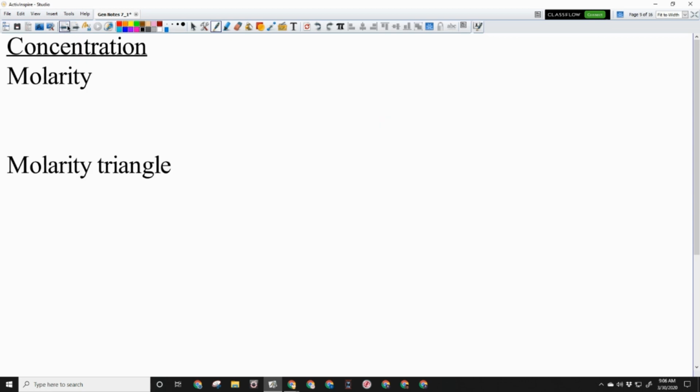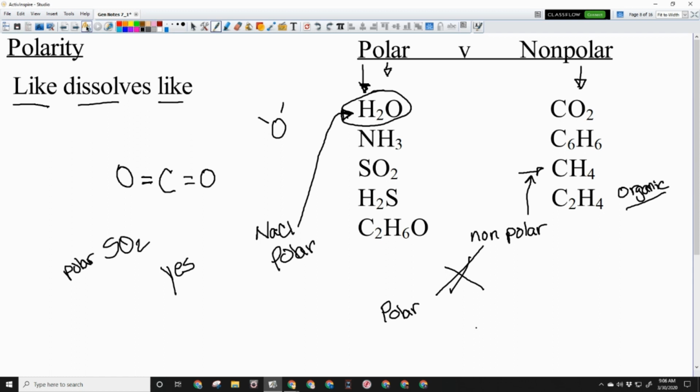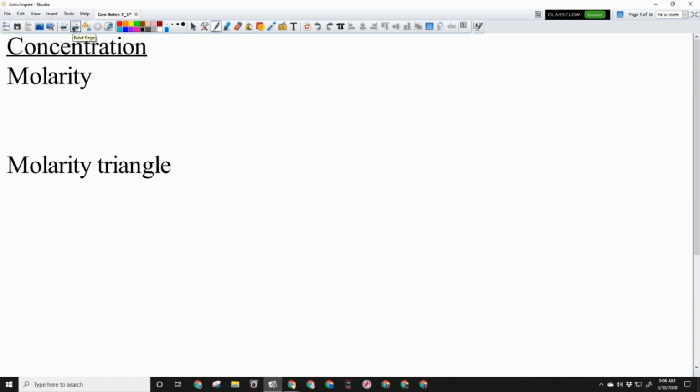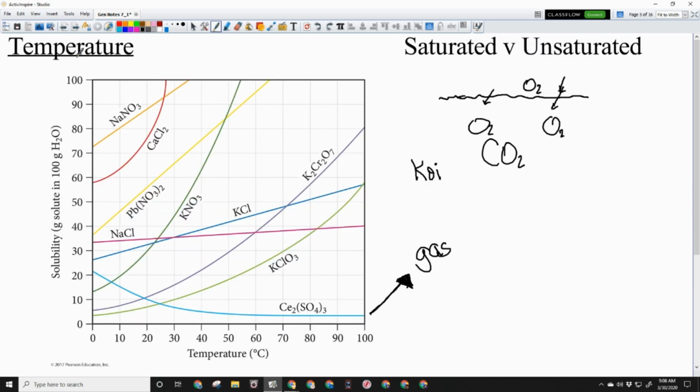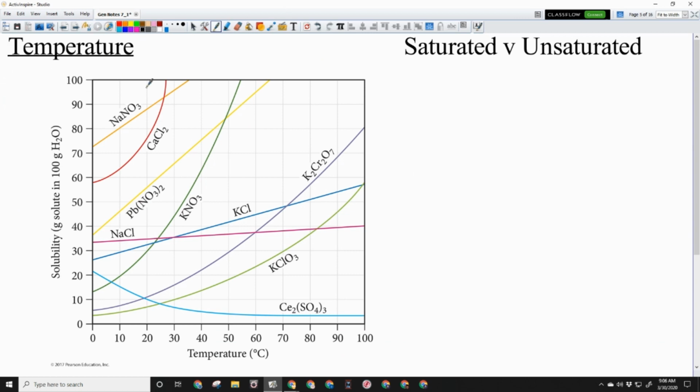Okay, so that's enough about just the concept of dissolving and dissolution. When you have a certain amount of a solute dissolved in a solvent, scientists measure that, and of course in chemistry we measure that as well.